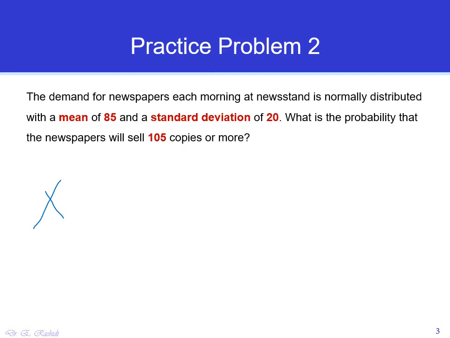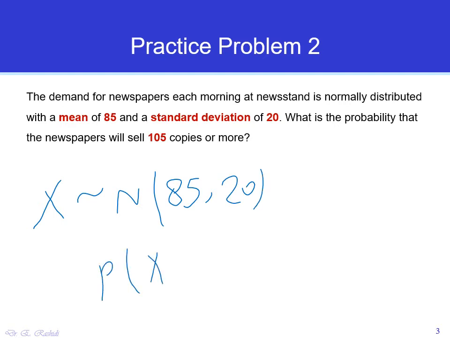So let's solve this problem. So x is the number of newspapers demand, and it says it follows a normal distribution with an average of 85 and a standard deviation of 20. So what we are looking for is to find the probability that the newspaper would sell more than 105 copies. This means that the demand is more than 105 copies.